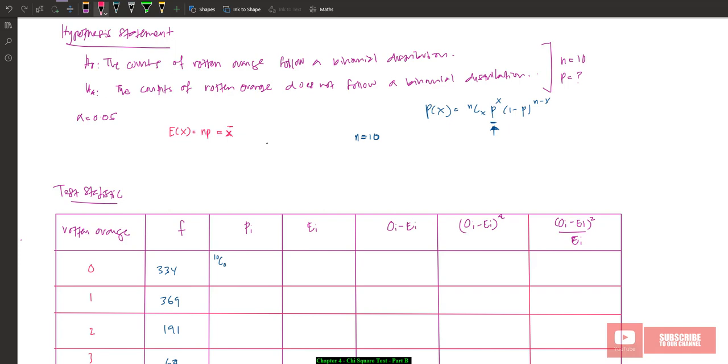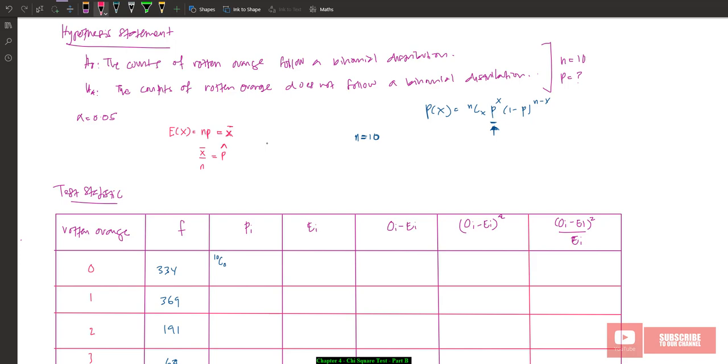So with a manipulation, x bar divided by n is also equal to p hat. This is our probability of success. So we want to estimate the probability of success. Based on the formula, probability of success is equal to x bar divided by n.